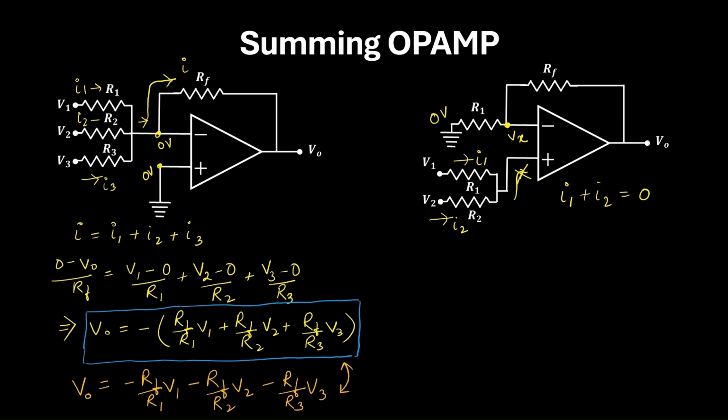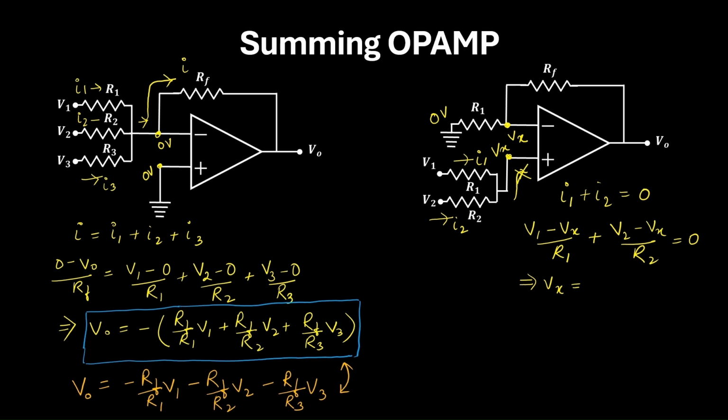Now the voltage at this point will also be equal to Vx. So I1 we can write as (V1 minus Vx) by R1 plus I2 we can write as (V2 minus Vx) by R2 equals 0. Now what you have to do is, from this expression, you find out Vx.